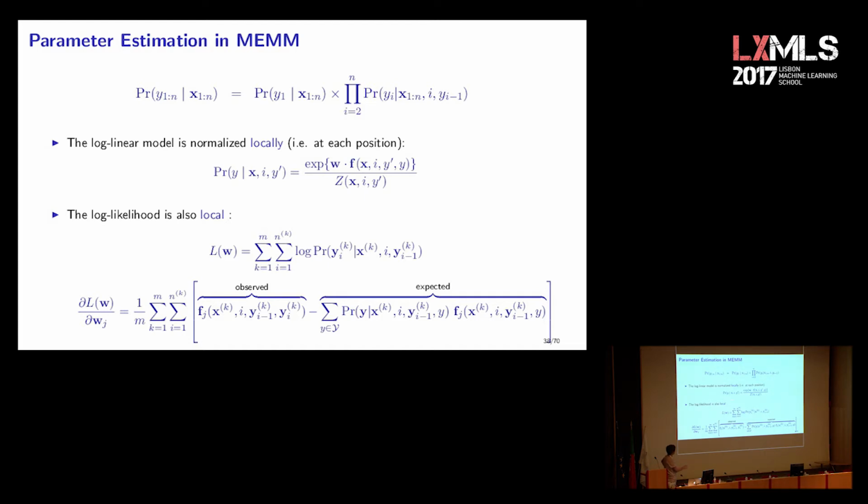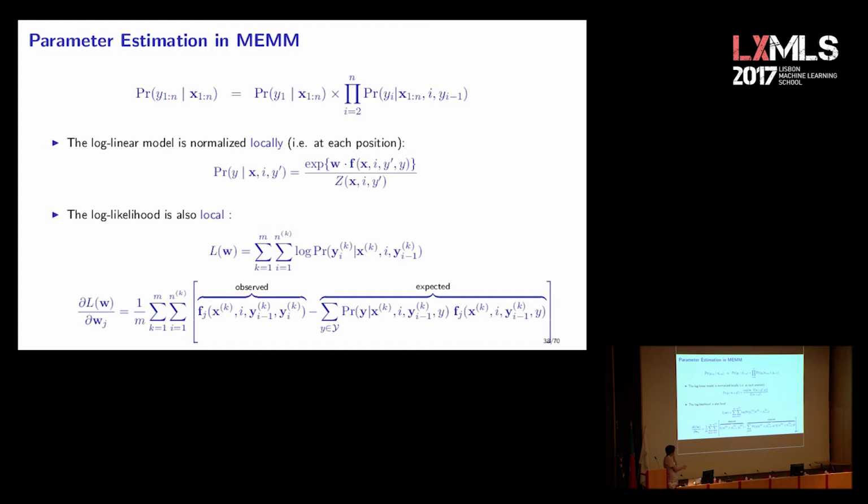What we need to learn now is the probability of a certain tag given the previous one. You do the same trick as above, but it's not a sum over sequences anymore. We just have one tag given the previous, so we just represent the bigram. Here we normalize locally: instead of summing over all the sequences, we sum over all possible tags at that position. So we call this locally normalized.